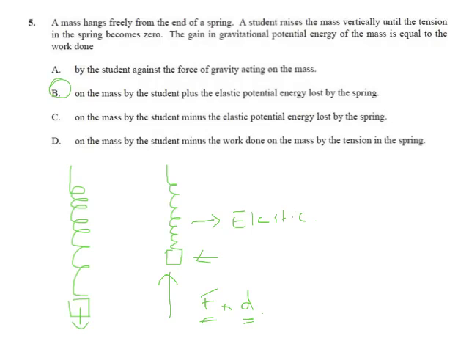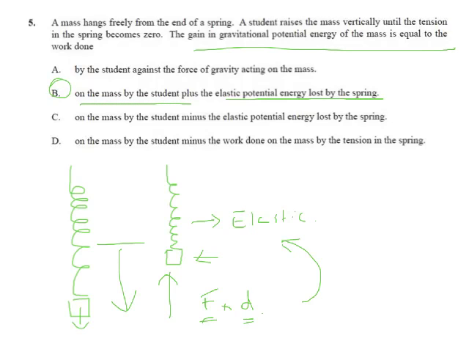But in addition to that, the formerly stretched out spring has now lost that strain energy, and that's basically gone into the system. So the answer is B. The gain in gravitational potential energy is equal to the work done on the mass by the student plus the elastic potential energy lost by the spring.